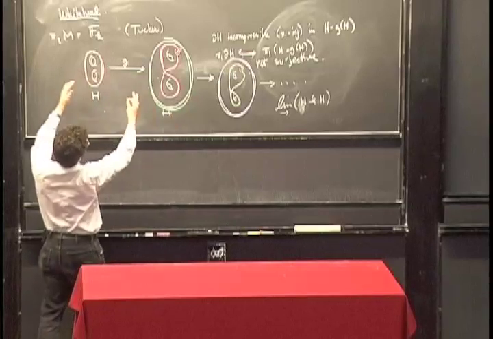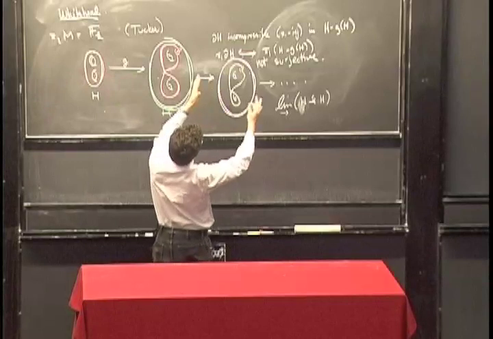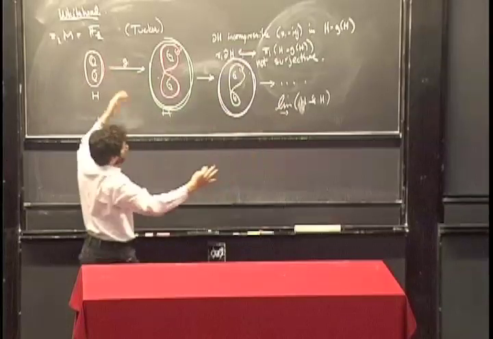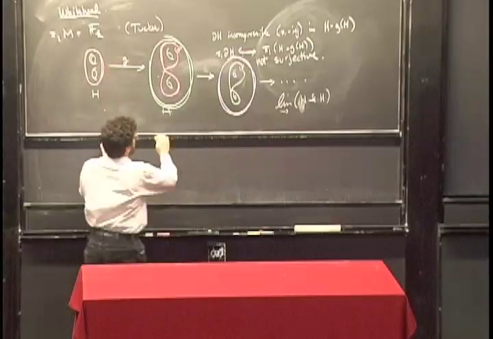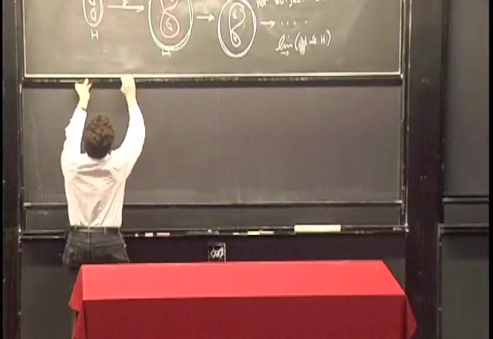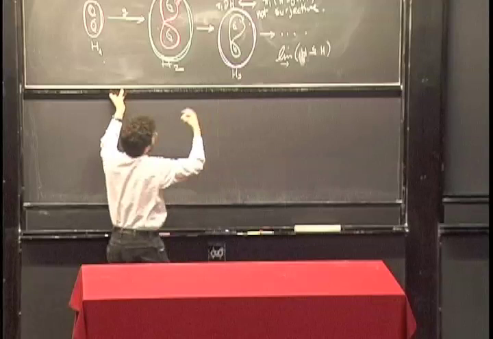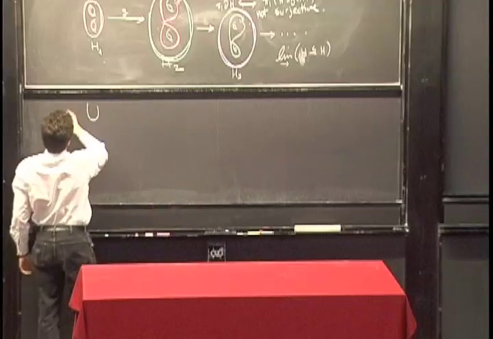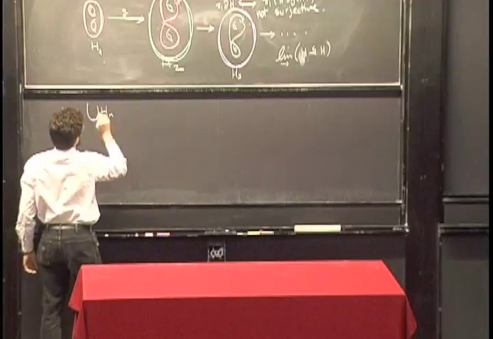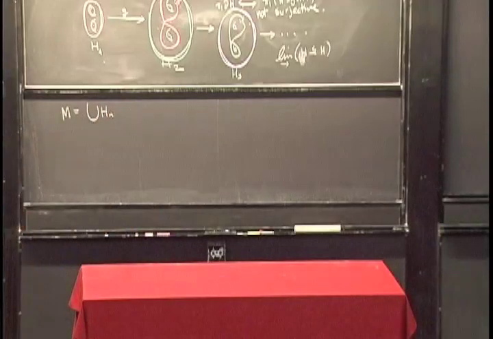So you get a bigger one, and then those guys together are inside this even bigger one, and so on. They kind of expand outward. You have to change your point of view. Maybe we'll number it. We'll think of this one as handle body 1, this is handle body 2, this is handle body 3, and you just take the union of all the handle bodies. And that gives you a non-compact 3-manifold.